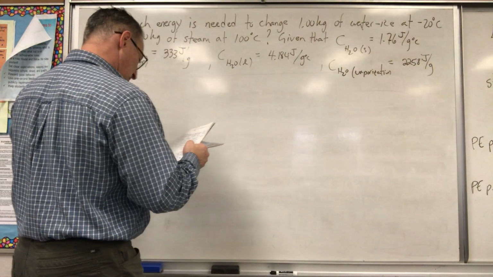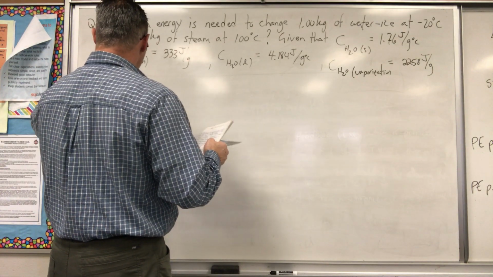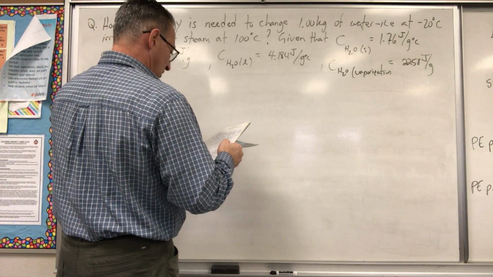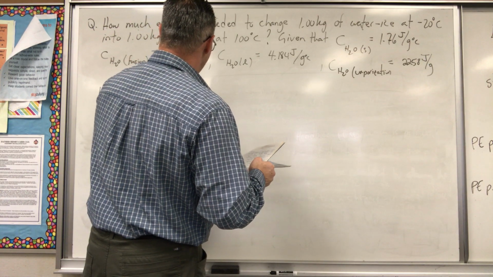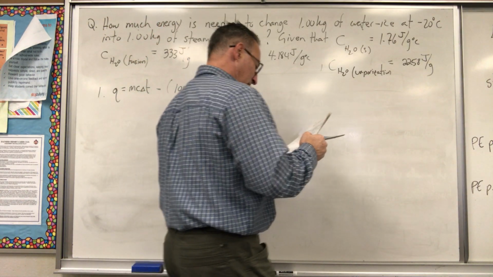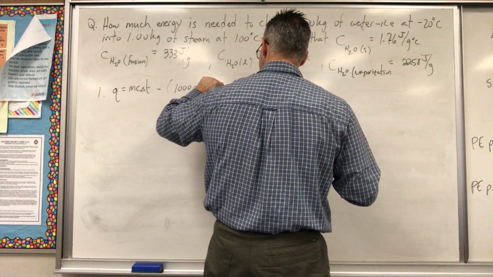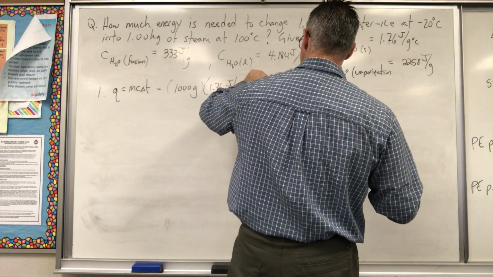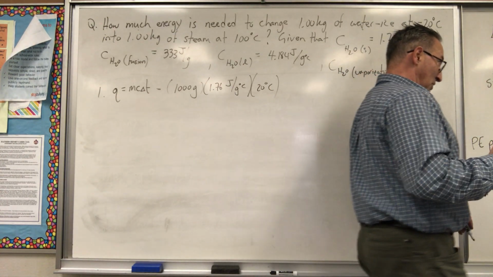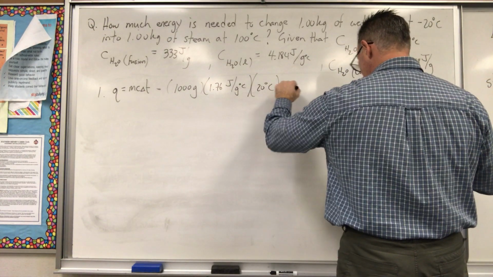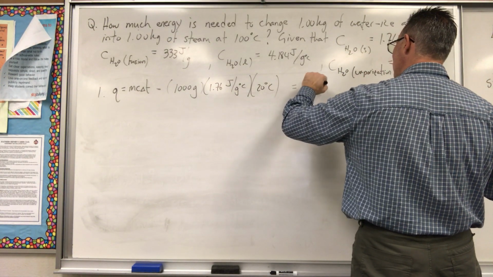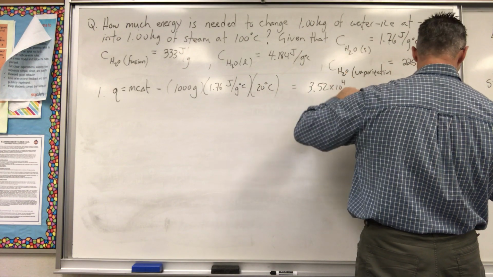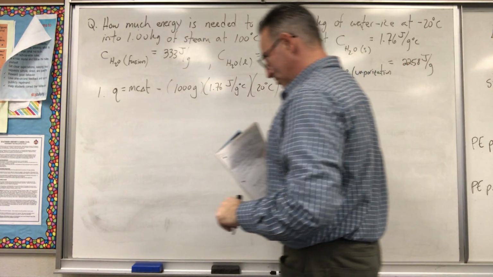It's a 4-stepper. First of all, you start with Q is equal to MC delta T. And you have 1,000 grams of water, because they said 1 kilogram, at 1.76 joules per gram degree Celsius, times a temperature change of 20 degrees, because your ice cube was at minus 20, now you're going to bring it up to 0. So you get 3.52 times 10 to the power of 4 joules of energy, just to do that part.